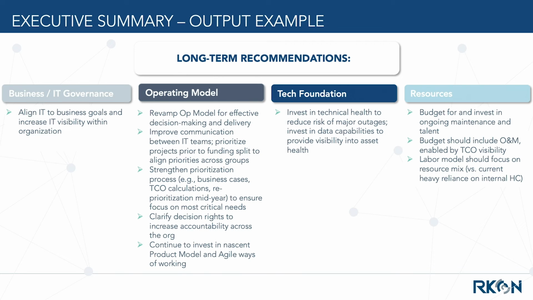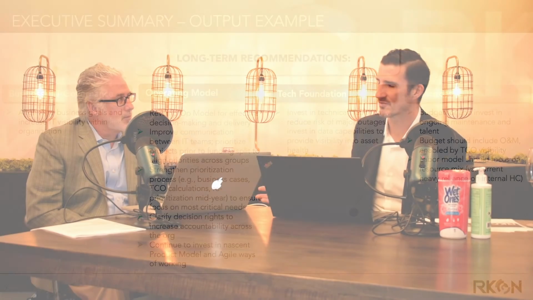And then obviously resources. So, budgeting: do you understand total cost of ownership? You have better alignment with the business, and then you can start looking at your labor model fix as well. We see too much reliance on offshore or outsourcing versus insourcing, right? You ultimately, as a business, going back to the tie into the objectives, will know what your core value is. Start thinking about shifting work left.